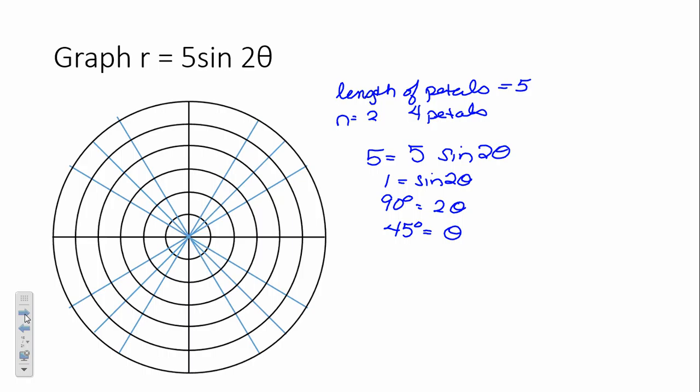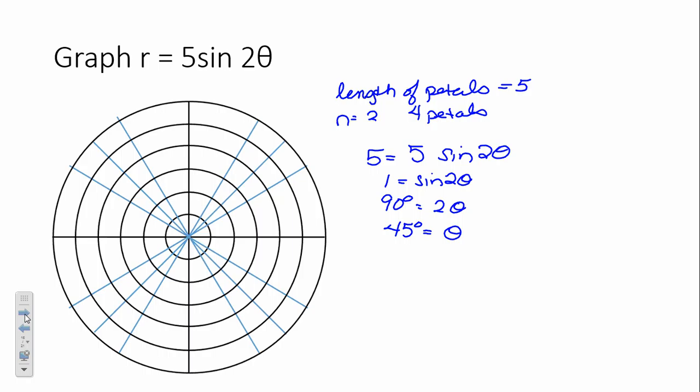Okay, but if it wasn't 2 theta, if it was 4 theta, we're going to take 90 divided by, exactly. Just like with cosine, it's always going to be 0 divided by whatever n is, and 0 divided by anything is always going to be 0.